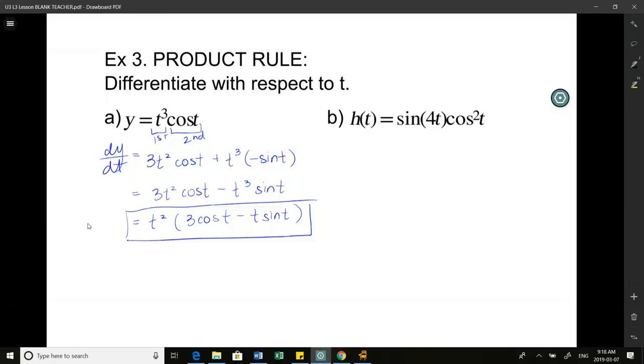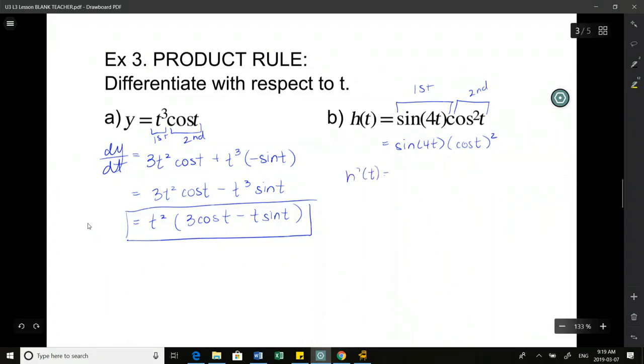Any questions for that one? Okay, so think of this as your first for the next one, and then the second part as your second. We're going to have to do some chain rule stuff here too, so maybe we want to rewrite this as times the cos of t squared, just so we can remember derivative of outside times derivative of inside.